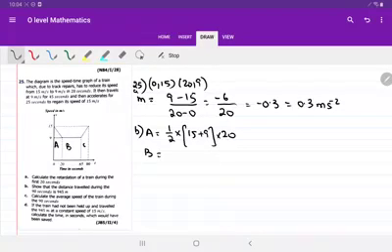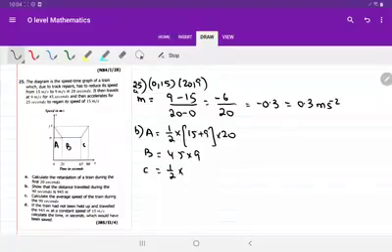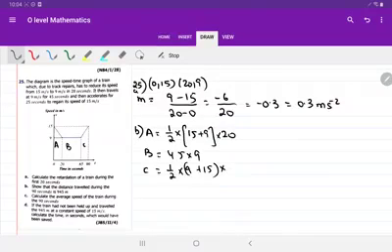B is 45 into 9, and C is once again half into sum of parallel sides into height, and the difference between 65 and 95 is 25.